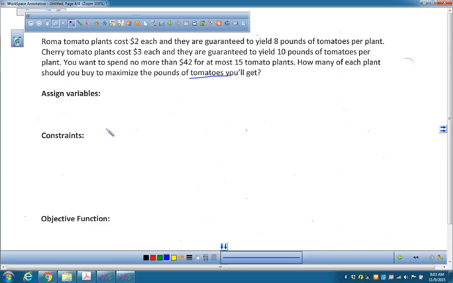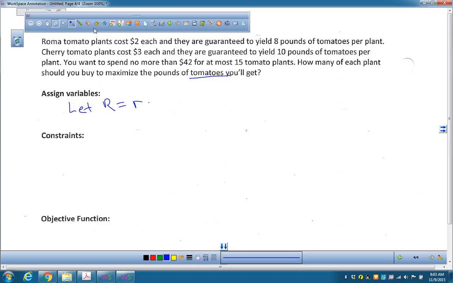Okay, so what kind of tomatoes do we have? Cherry tomatoes and what other kind? Roma. So I'm going to let R equal Roma tomatoes. How many of each plant?